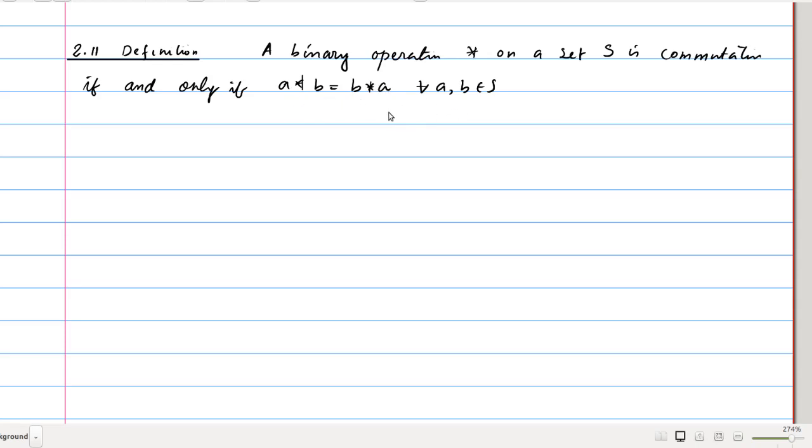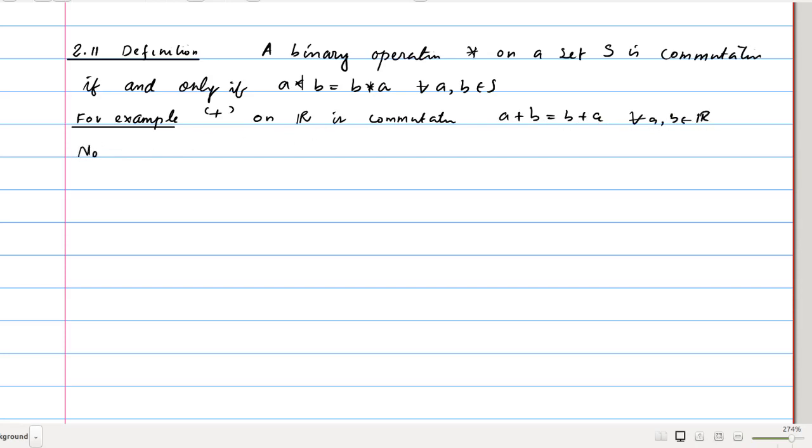So this will be true for every A comma B belongs to S. For example, if we consider R, the set of all real numbers, under addition, we have considered addition on the set of all real numbers is commutative, because any A plus B is the same as B plus A in real numbers. So this is an example. This is true for every A comma B belongs to R.